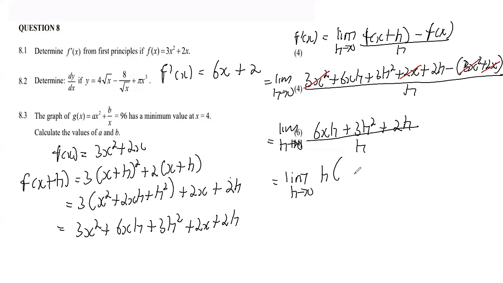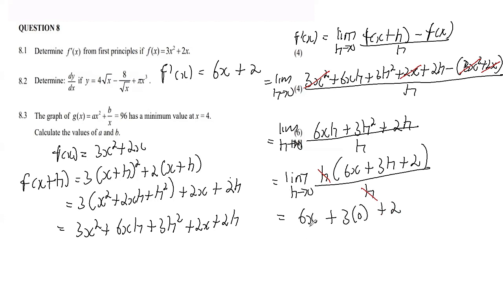We factor it out, and then we are left with h times 6x plus 3h plus 2, and then over h. At this point, we know the h and h will divide out, and then we are left with 6x plus, where there's h, we put 0, and then here we have 2. So therefore, f prime x is equal to 6x plus 2.